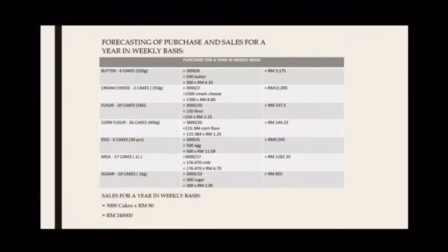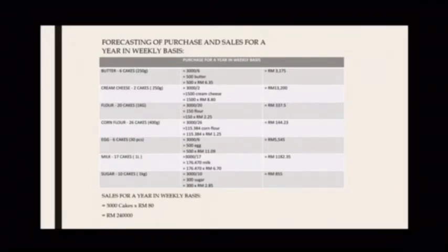Water bill for a month is 50 ringgit. For a year, 600 ringgit. Total for factory water bill and electric bill is 6,000.